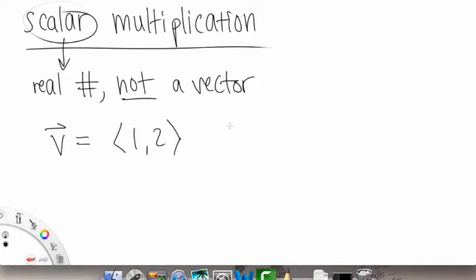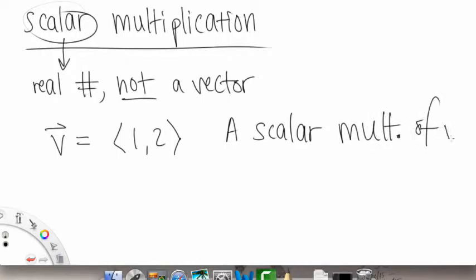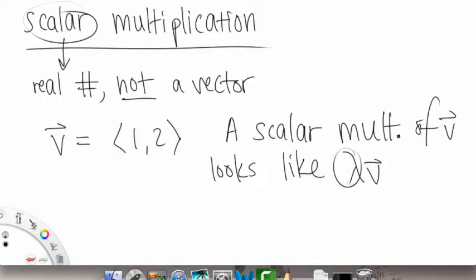So a scalar multiple of V looks like the following. And frequently now we'll use a Greek letter called lambda. Okay, so lambda, and then we have our V. So lambda is just a variable that stands for a number.